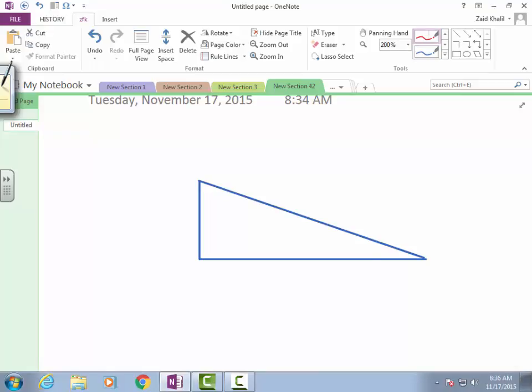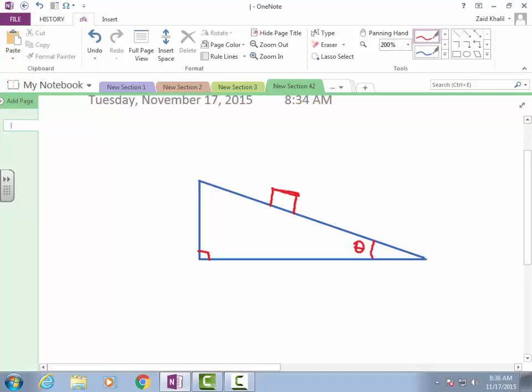We have an angle, theta. This is a right angle. And here is a block. What are the forces acting on the block? Let's do a free body diagram first. Gravity goes where? Straight down. So this is Fg.